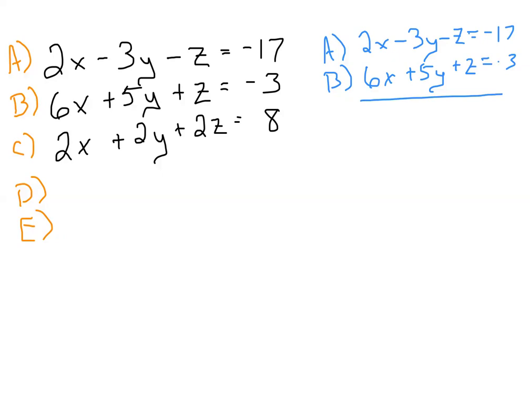Now, when I do this, this is going to create D. All right, so 2x plus 6x is 8x. Negative 3 plus 5 gives me a 2y. The z's become 0. And we get negative 20. I'm going to bring him on over.